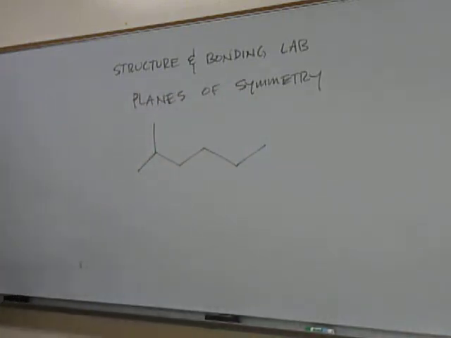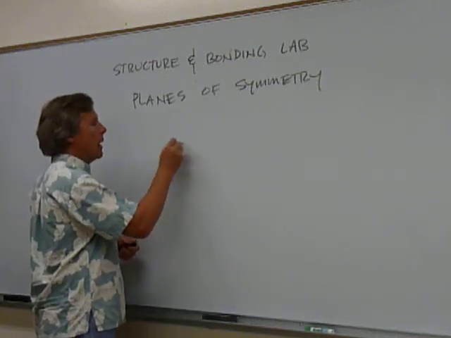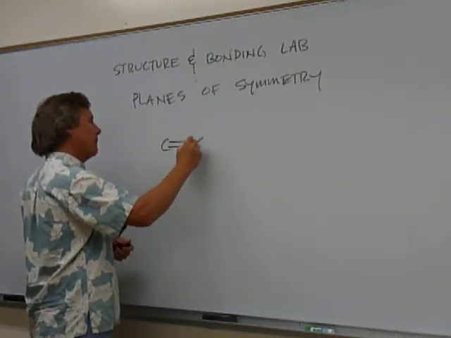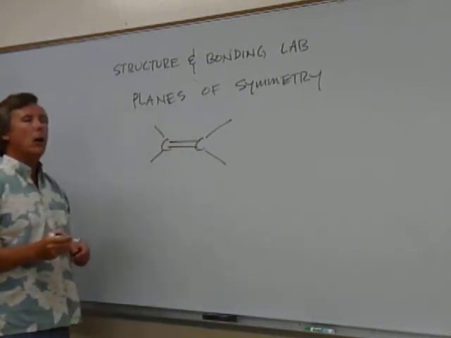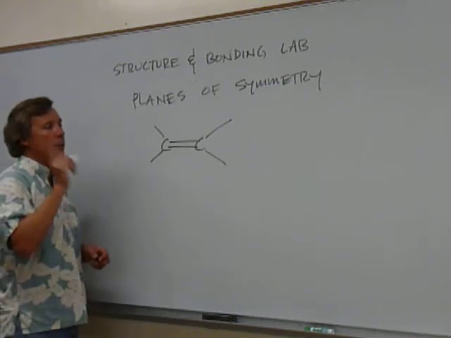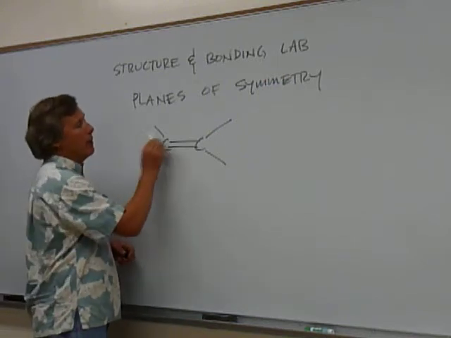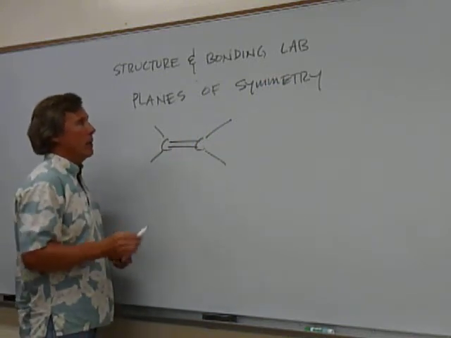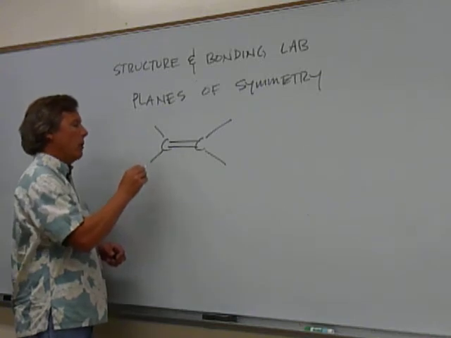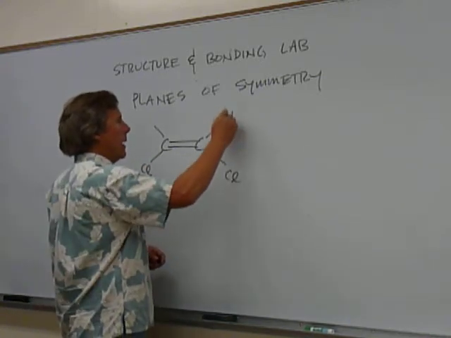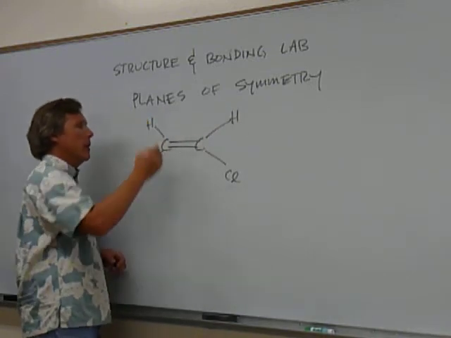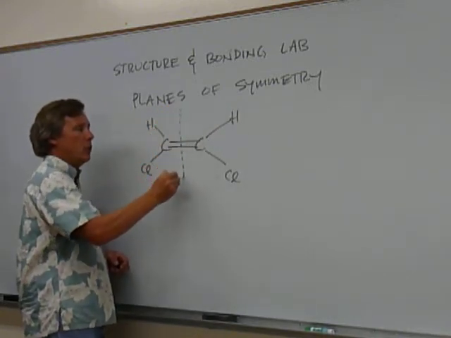We also want to look at the plane of symmetry in a double bond. Molecules with double bonds lie flat. They're planar. Let's say a molecule that is planar has at least one plane of symmetry, the plane that it lies in. So we have a planar molecule. Here, if I put chlorine and chlorine, and hydrogen, there's a plane of symmetry this way.